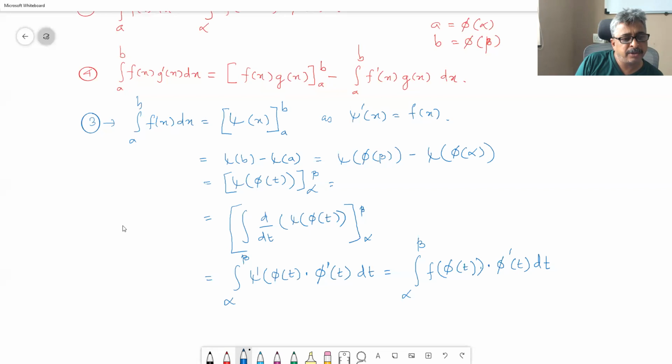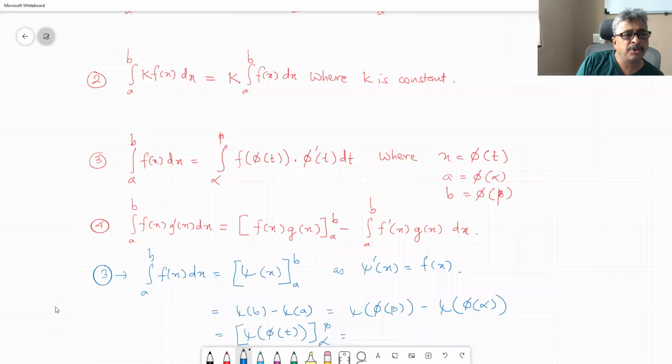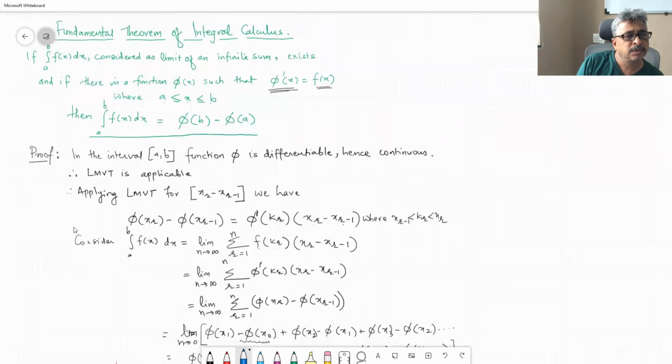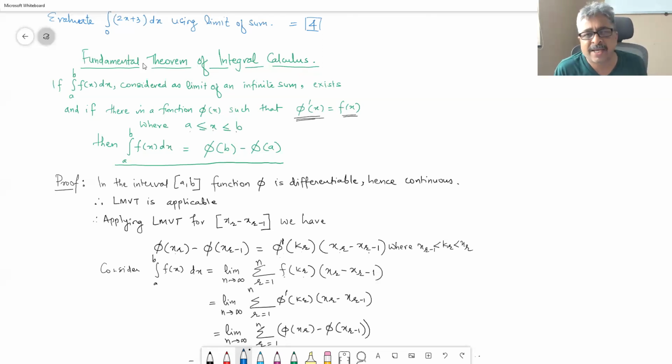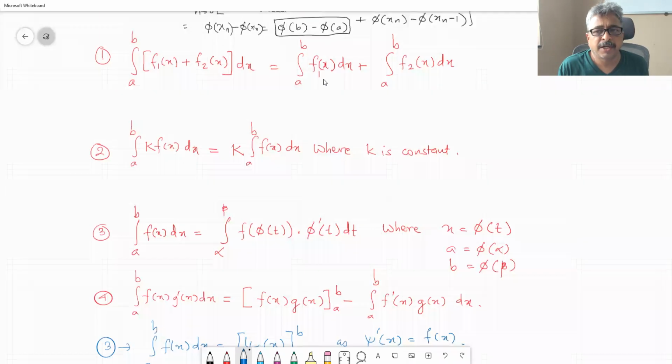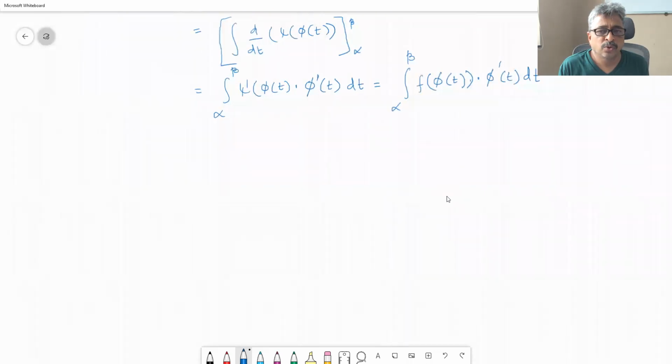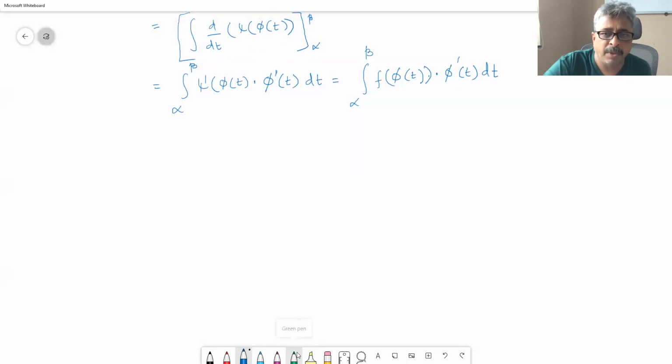When we proved the fundamental theorem, the description of the theorem was that f of x is considered to be a limit of a sum. There exists a function phi over closed interval a comma b, which is differentiable. So a and b were finite points, and phi as well as f were well-behaved functions in the interval a comma b. Let me use the diagram to show you what we mean.